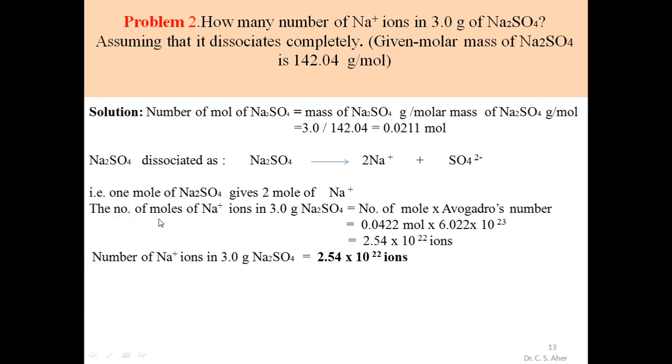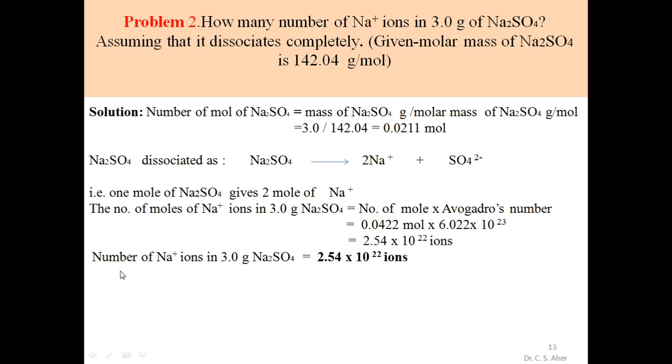It gives the number of ions of sodium ion. This molar quantity multiplied by Avogadro's number gives 2.54 into 10 raised to 22 ions.